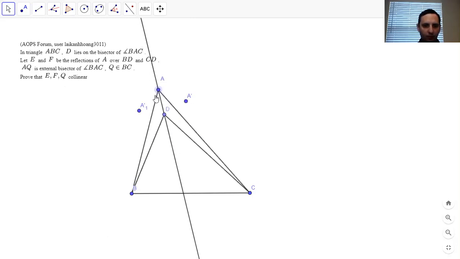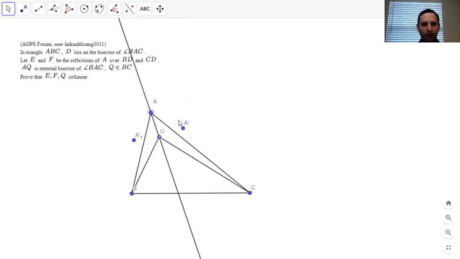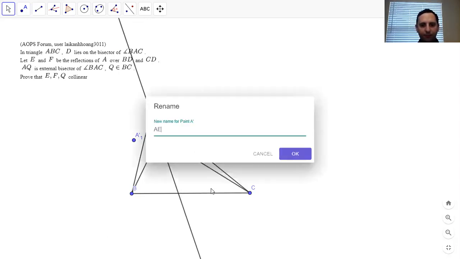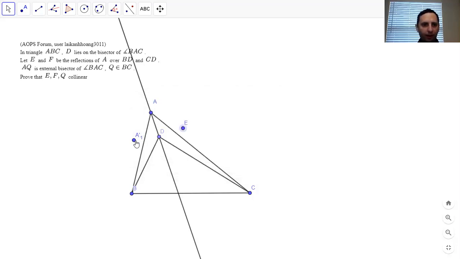I think that looks kind of good. So this is E, and this is F.